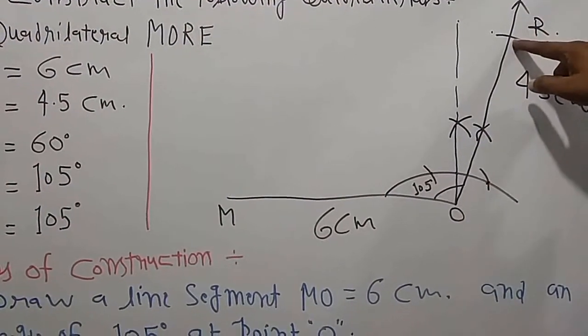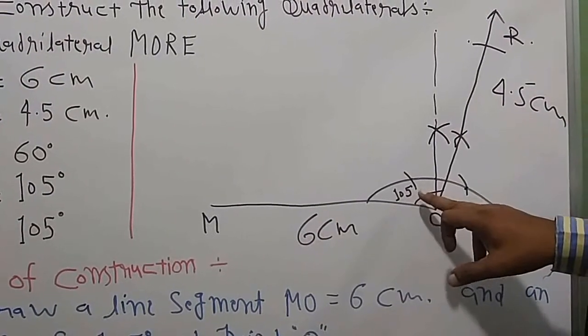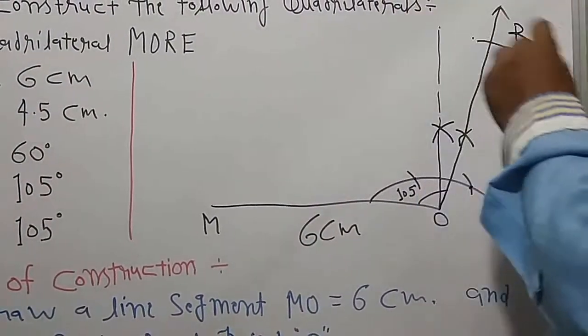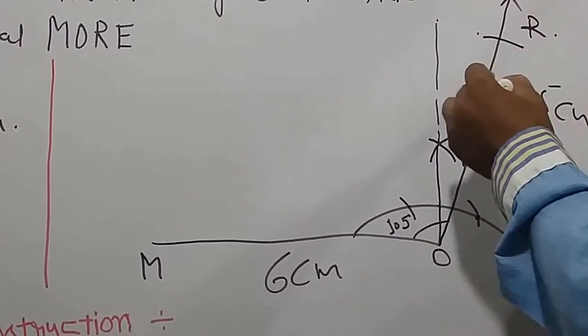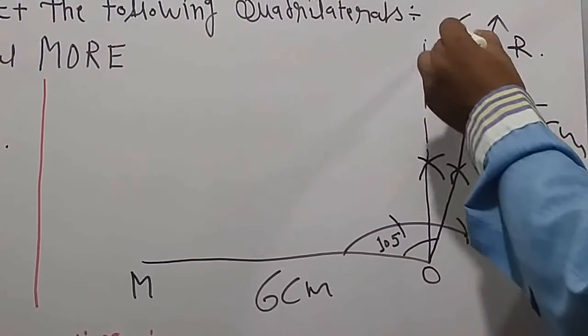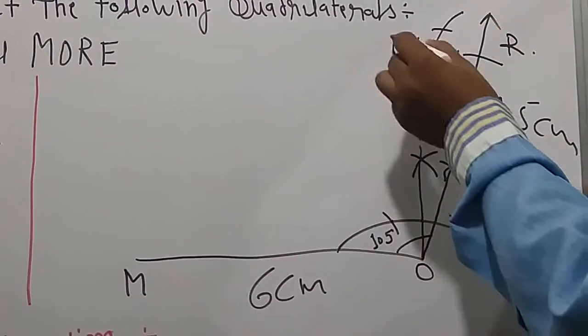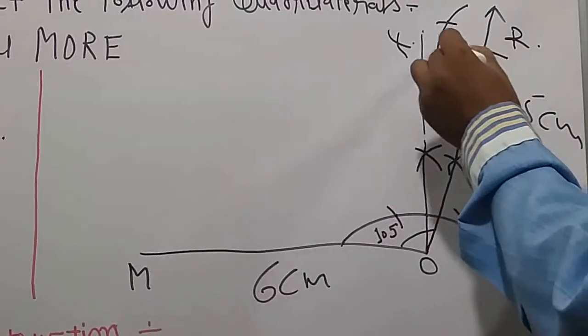Now at this point R, again we are going to draw the same angle of 105 degree with the help of rounder only. So again we put the metallic point here and draw one arc like this, then from this point one more arc, and then we join this.